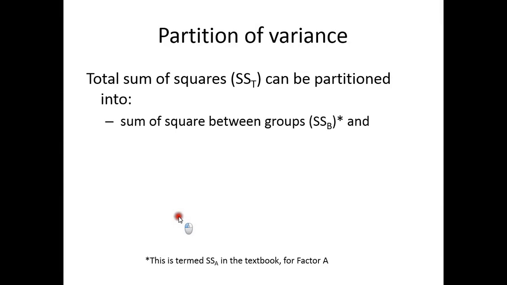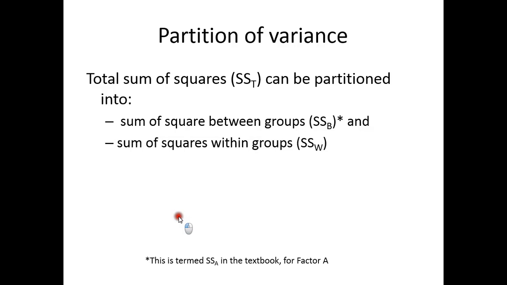So total sum of squares, which is the squared difference of each participant's score from the grand mean, where the grand mean is the mean of the whole sample, can be partitioned into the sum of squares between groups, which is the squared difference of the participant's group mean from the grand mean, and the sum of squares within groups, which is the squared difference of the participant's score from their group mean.